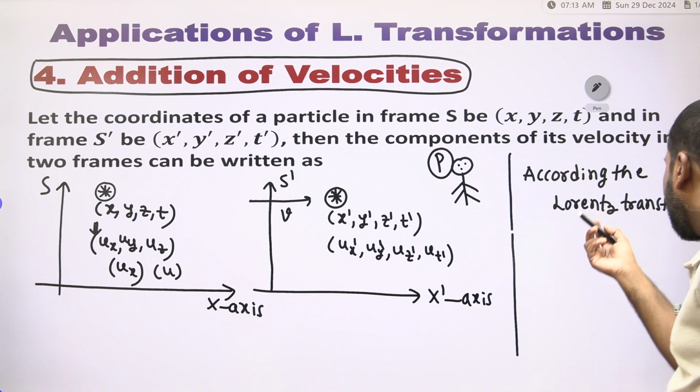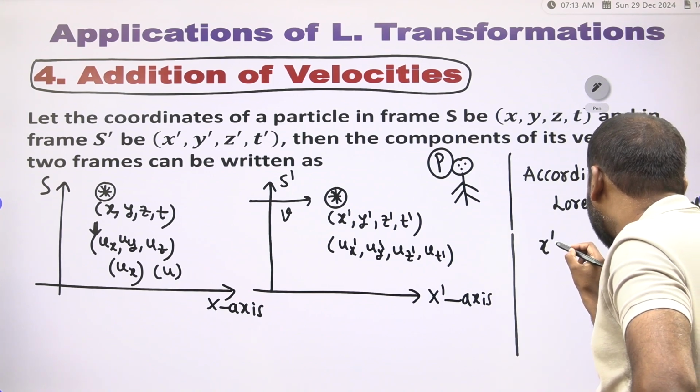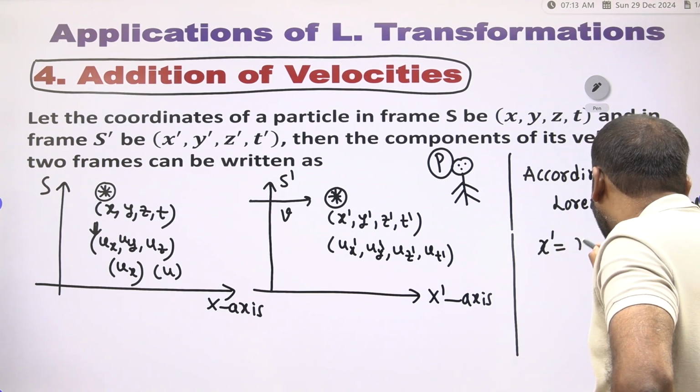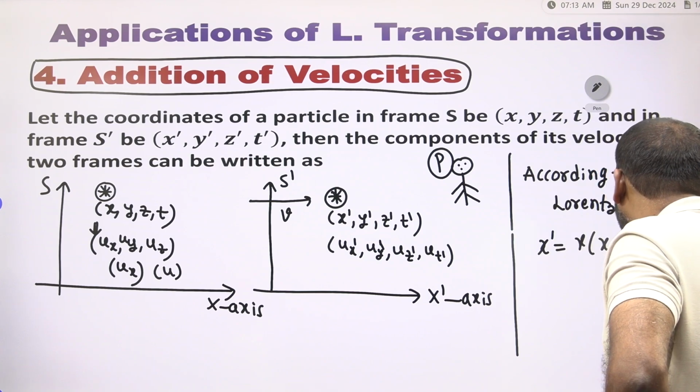According to the Lorentz transformation, x dash is equal to gamma into x minus v t.